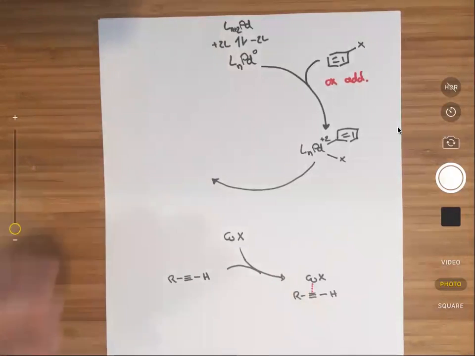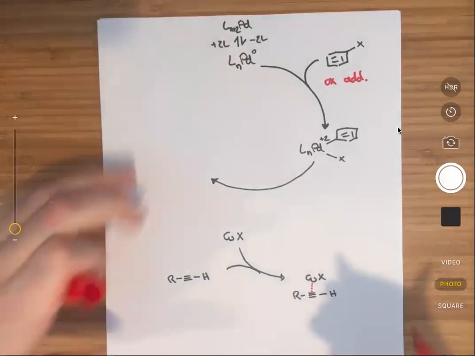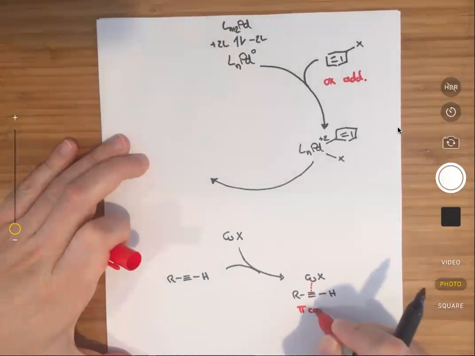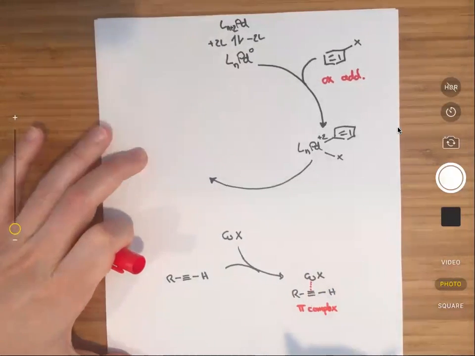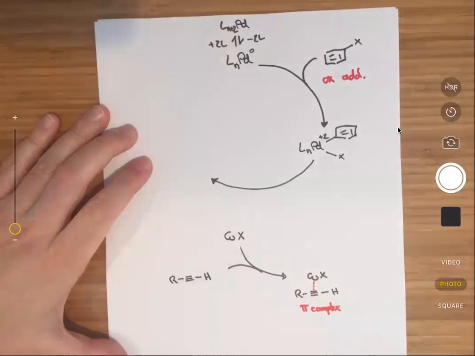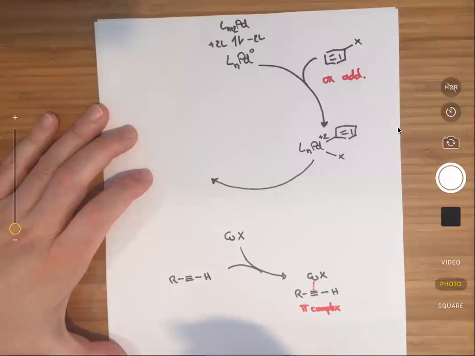Now, if you think about this a little bit closer, so this is a pi complex. What this essentially means for a bond between the copper and the alkyne is that you can think about this just as an overlap between the d orbitals on the metal. So let's say we have a metal here, and we can draw in one pair of the d orbitals, and they look a little bit like this. I'm going to draw the shading here.